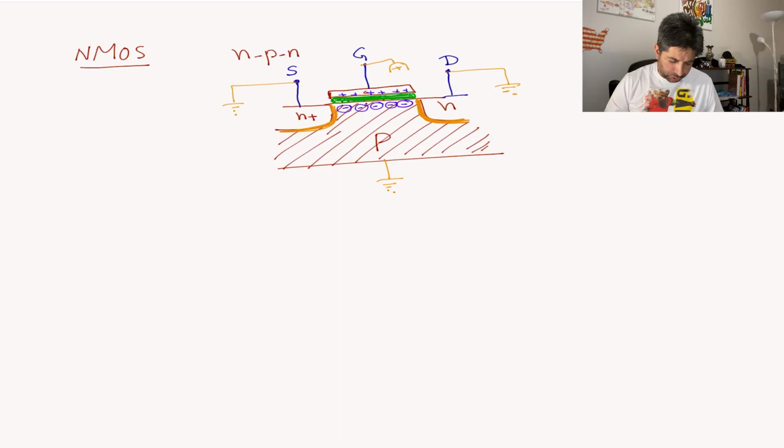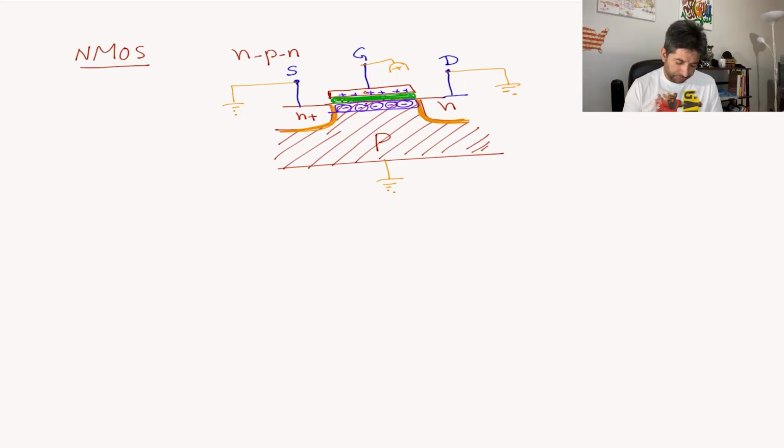As we increase the gate voltage, more and more electrons start accumulating over here. So we see that an n-type material is found here, which has the portion of P under the gate dioxide now with a lot of electrons, and it acts like an n-type material.